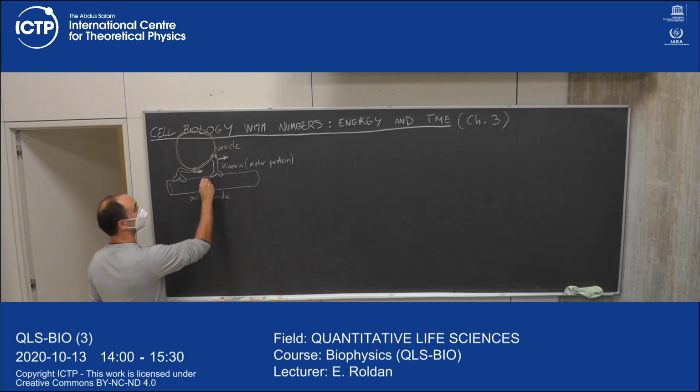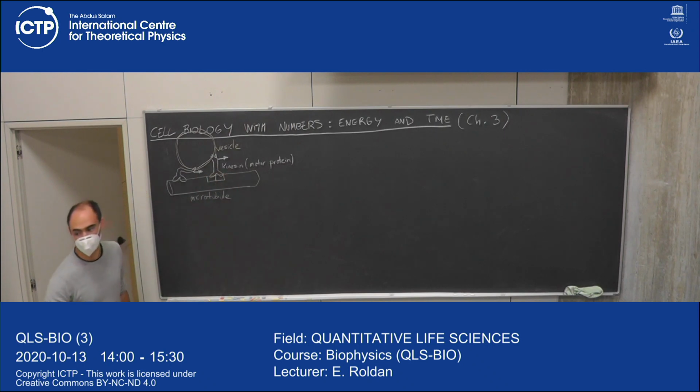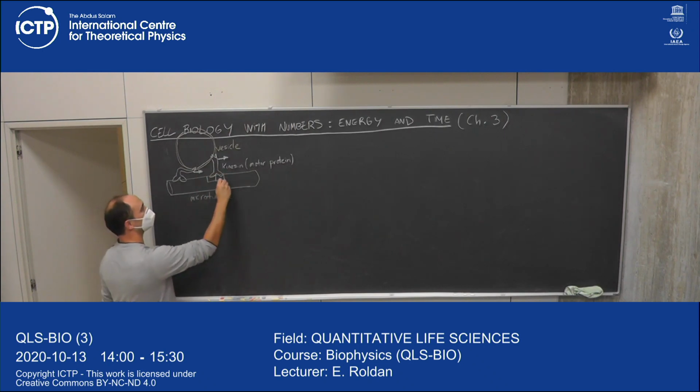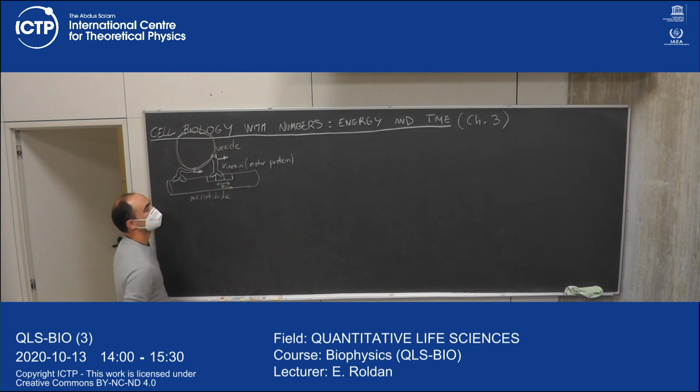They do steps, like walking, stepwise, and these steps are quite small. These steps are of the order of 8 nanometers for kinesin. But for different motors, typically, the step size is of the order of nanometers. And they exert forces. So this is dragging a vesicle, and this is pulling with a force.